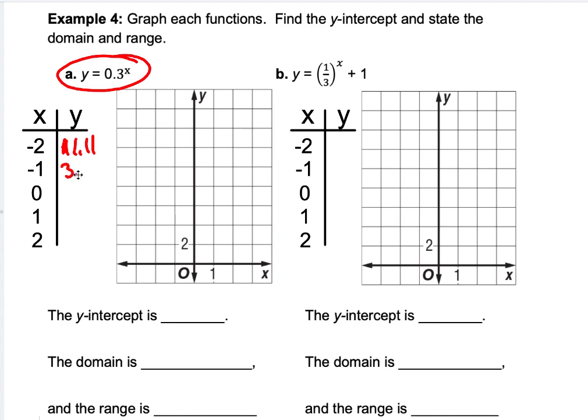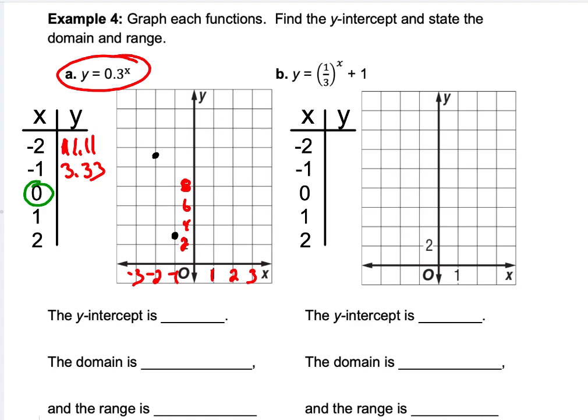And then I get 3.33. So at negative 2, notice down here I'm counting by ones, but on my y-axis I'm counting by 2s. Notice that notation there for you. So at negative 2, I'm up at 11. At negative 1, I'm down at 3.3.